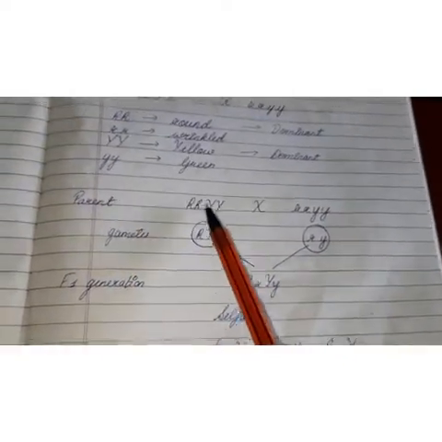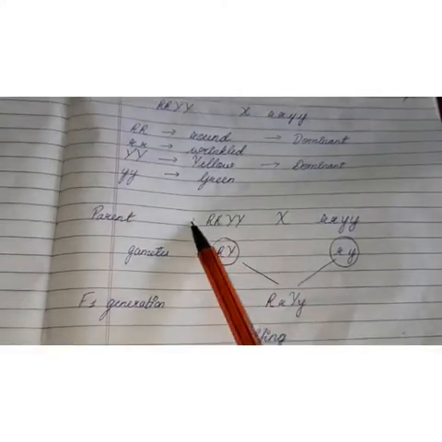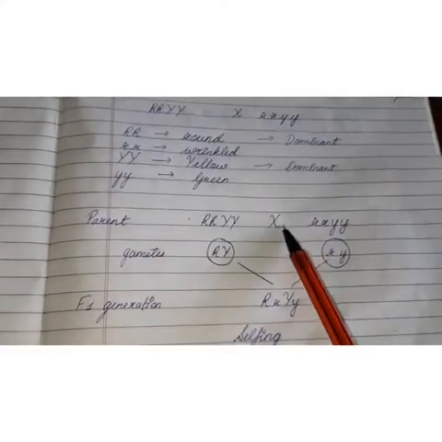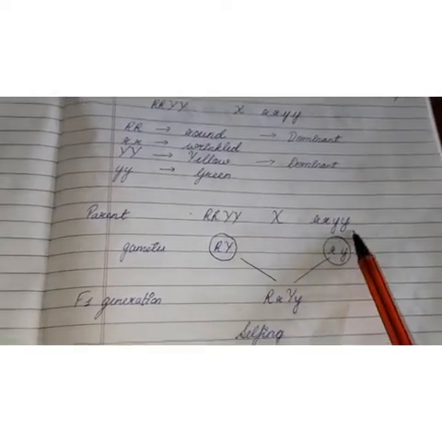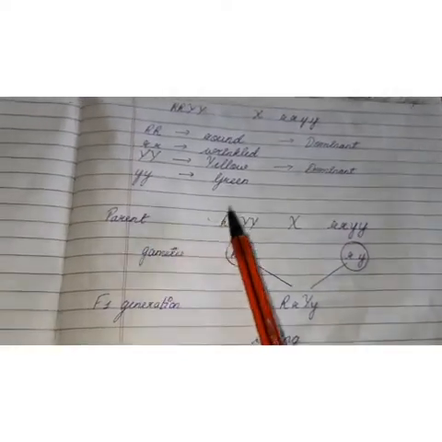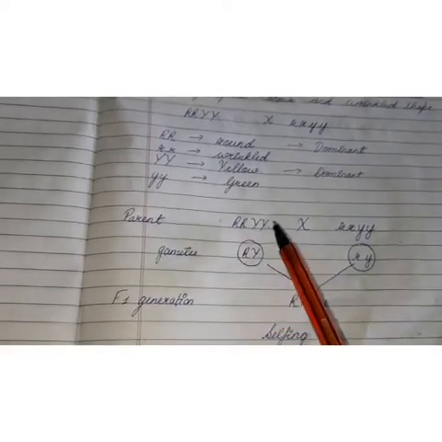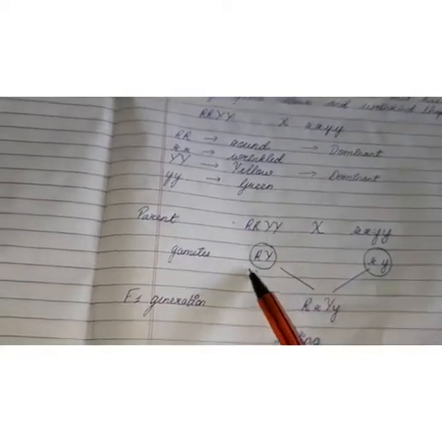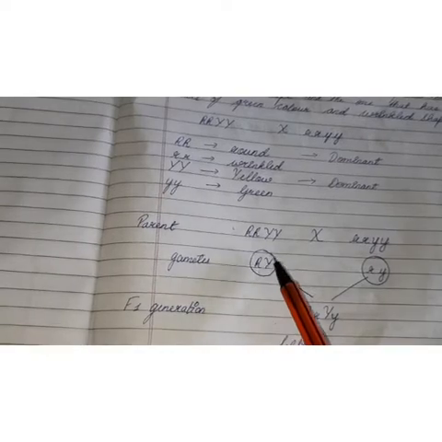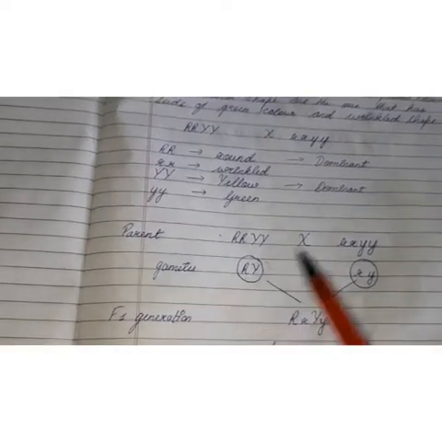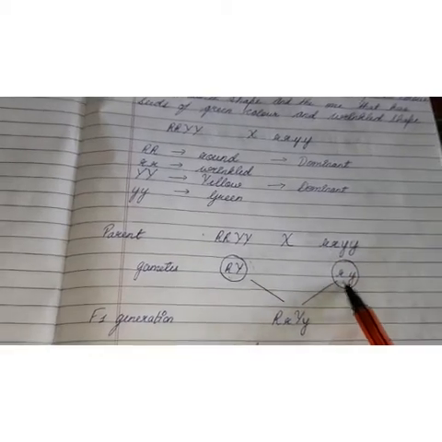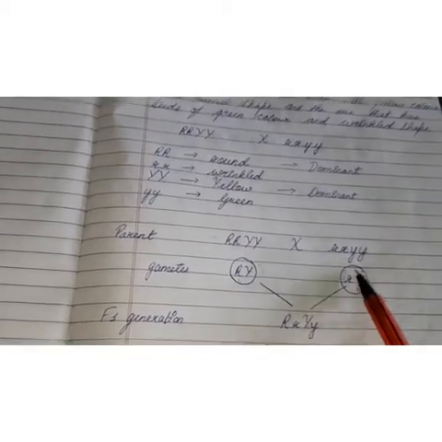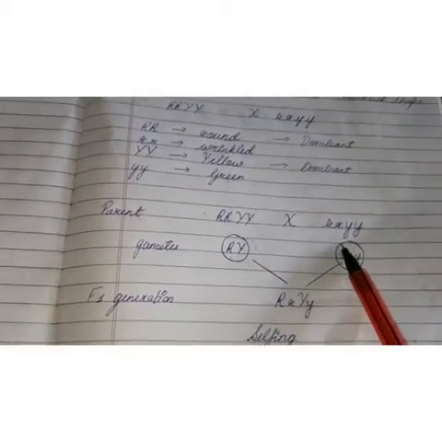Now we'll prepare a cross. This is the parent generation with capital R and capital Y, which is crossed with the recessive small r and small y. The gametes that are formed are one from here and one from here. That is R and Y, round and yellow. Here the same gametes formed are one r from here and one y from here, forming wrinkled and green seeds.